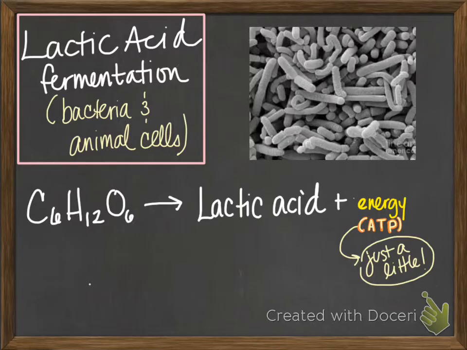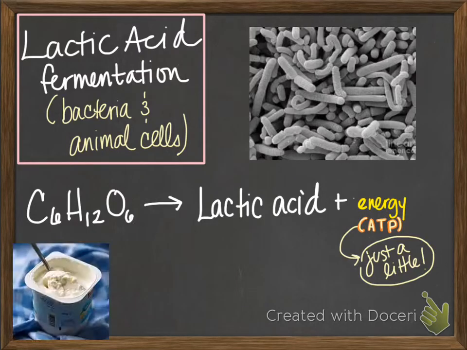This is Lactobacillus acidophilus, and it's the kind of bacteria that humans use to make yogurt. If you go into the grocery store and pick up a carton of yogurt, you'll see that it usually says contains live cultures, and it will list several species of bacteria. This is one of them. That lactic acid they produce is what gives yogurt its tart flavor.